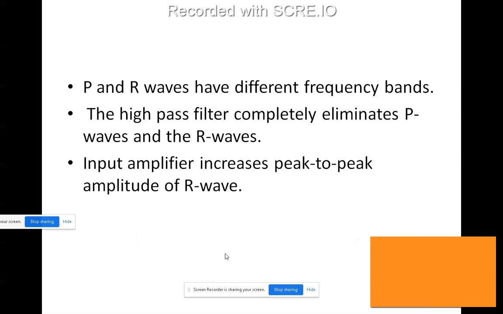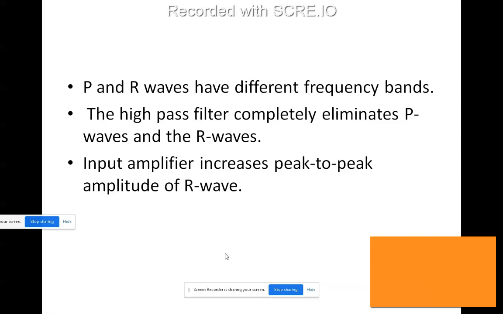P and R waves have different frequency bands, so the high pass filter completely eliminates the P wave. The input amplifier increases the peak to peak amplitude of the R wave. That means the filter used in the circuit will be used for eliminating the P waves.